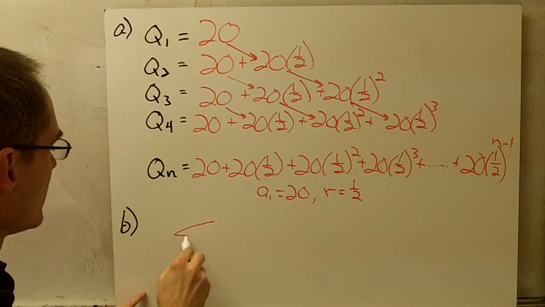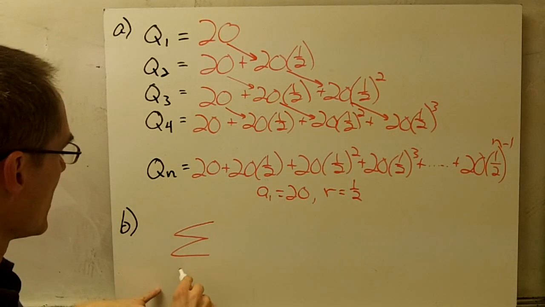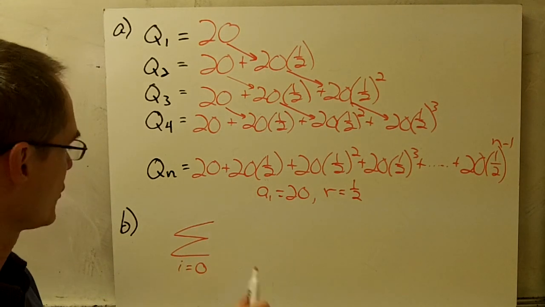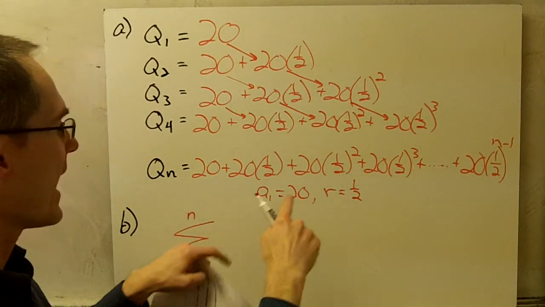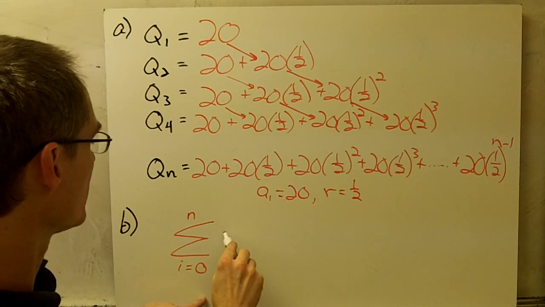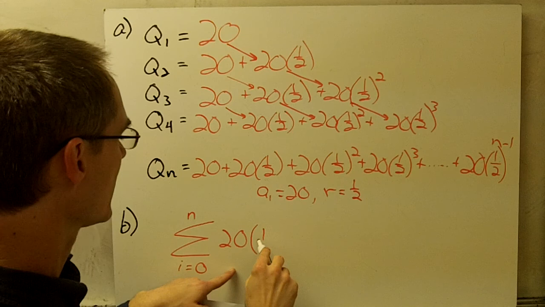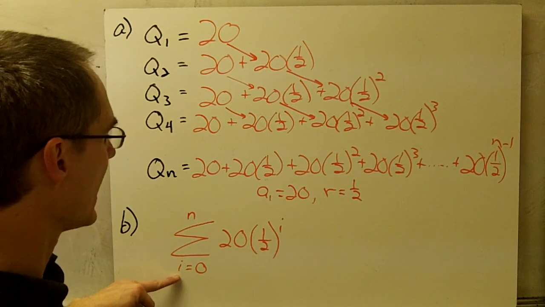So part B says write this series using sigma notation. Okay, well I know how to write it using sigma notation. This is going to be the sum i going from 0 to n, because I'm going to have n terms. And the term that I'm going to keep adding is just going to be 20 times my common ratio, which is 1/2, to the variable i.